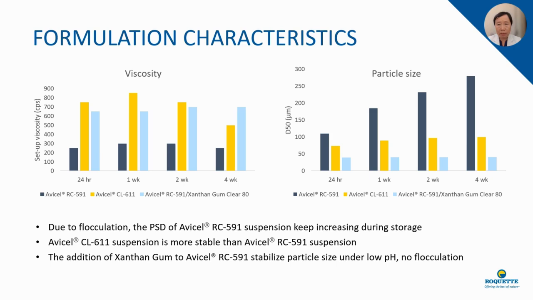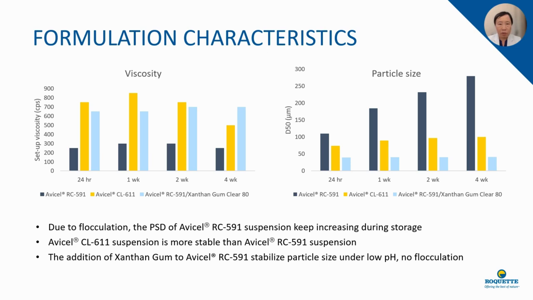And then adding xanthan gum into the RC591 suspension, which is formulation 3, can effectively stabilize the formulation under low pH condition. So you can see stable D50, no flocculation, and overall very enhanced formulation robustness.